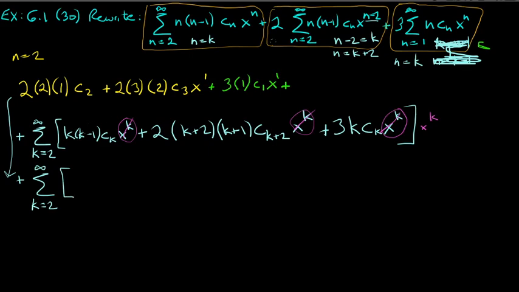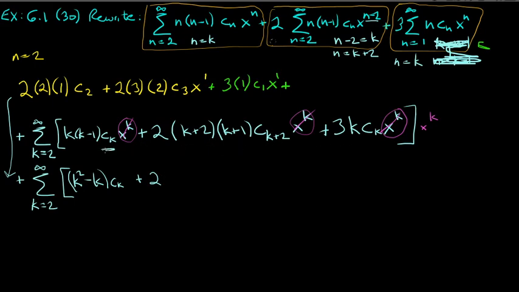So yeah, let's just multiply all this out here. We're going to have, yeah, so this is going to be k times k plus 1, so that's k squared minus k, right, times ck, right, and then plus 2 times, well, all of this, I don't think we need to multiply this out.